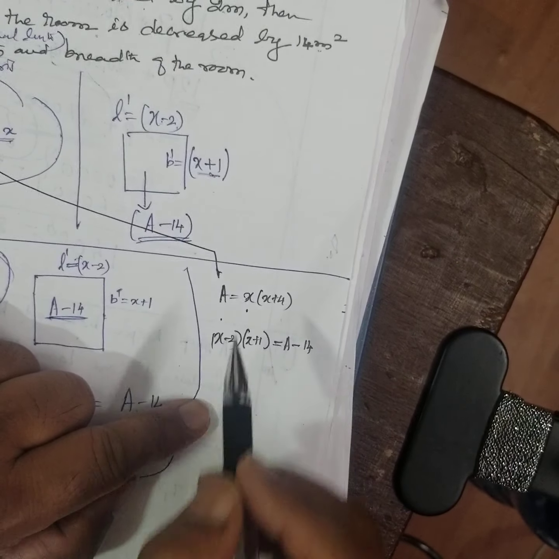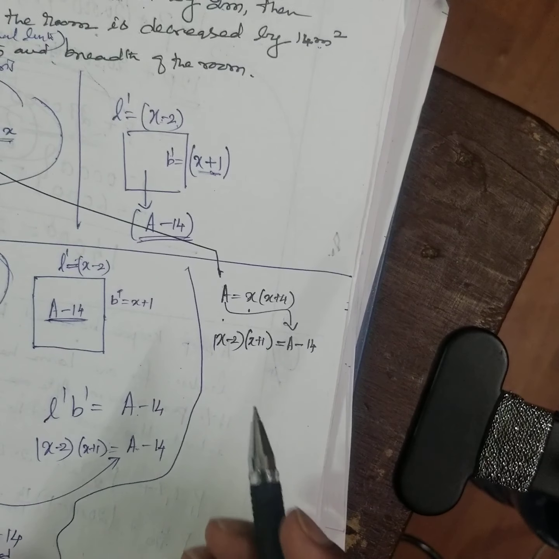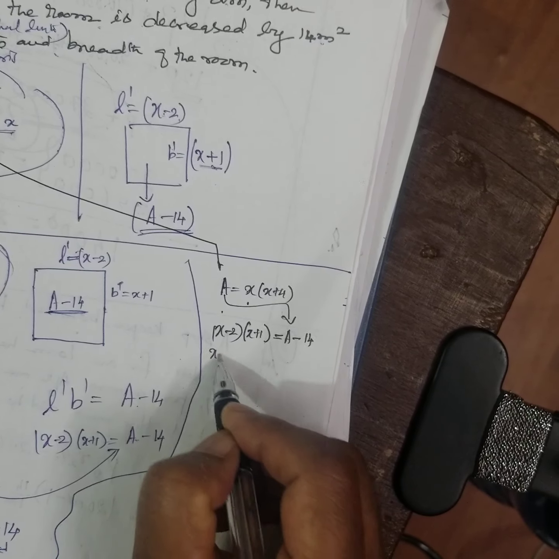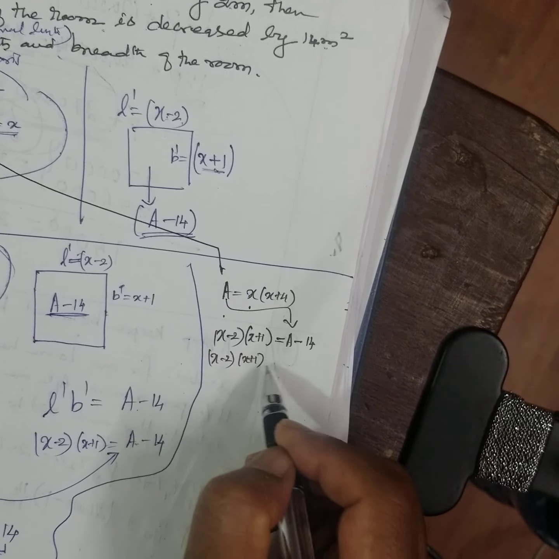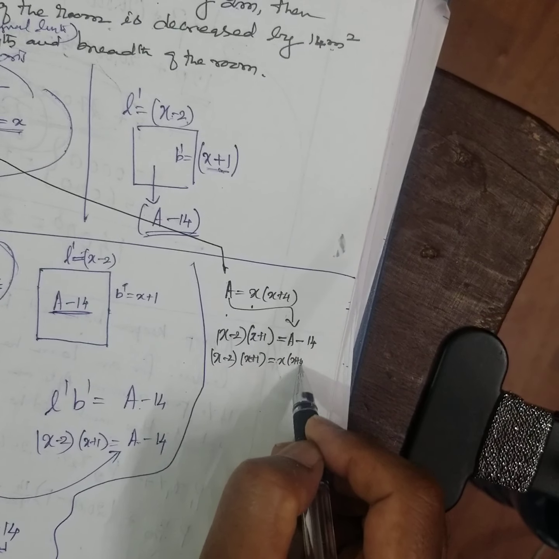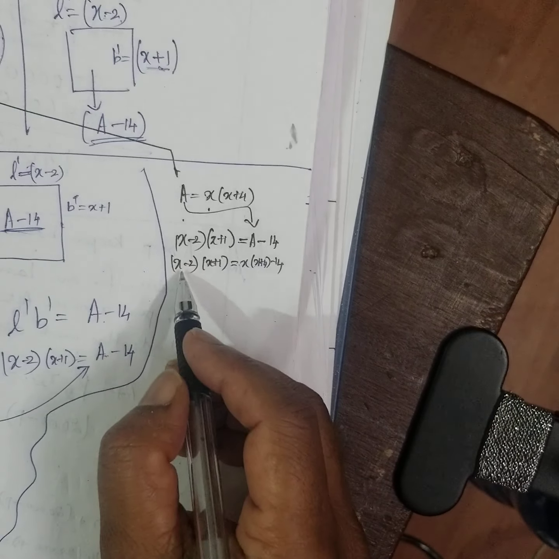Now substitute this area here: x minus 2 times x plus 1 equals x times x plus 4 minus 14.